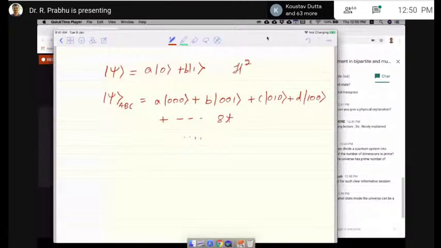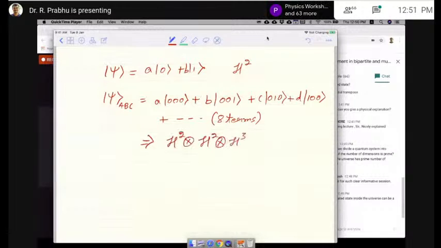When I have these 8 terms, this means that this particular state belongs to my Hilbert space, which is given by H2 tensor H2 tensor H2, since it is a 3-qubit system.